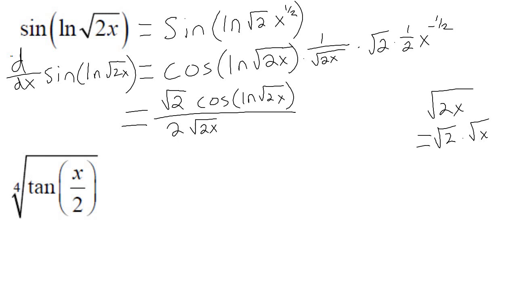So that would make it a square root in the bottom. So I have another square root of x. What is square root of x times square root of x? Just an x, right?